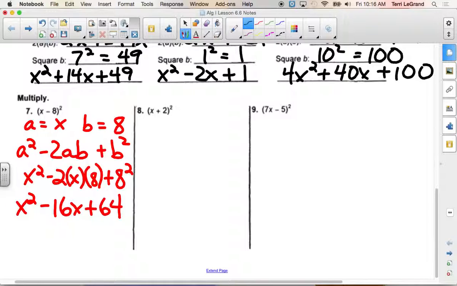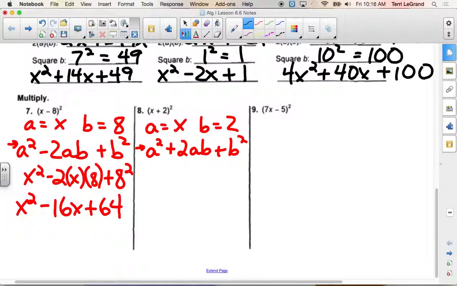So there's 2 models. This is the model when there's subtraction. Let's go on, and here we have addition going on. So we're going to have a different model. But let's first identify our A and our B. What's our A? X. What's our B? 2. Our model this time will be a squared plus 2ab plus b squared.